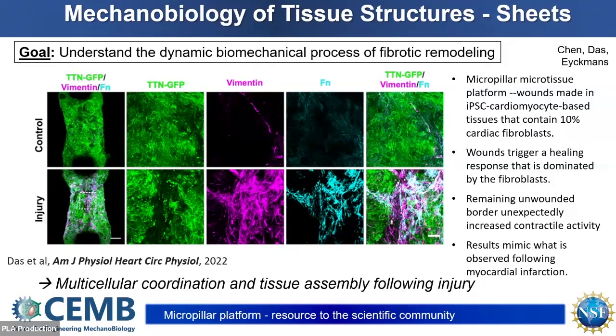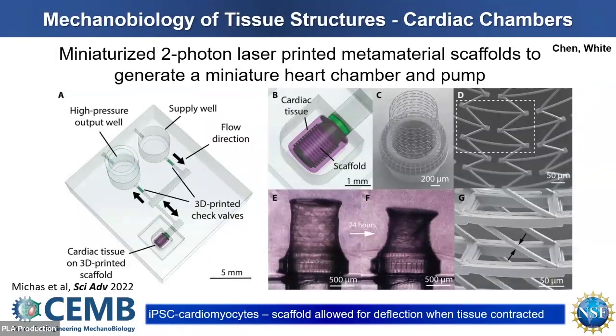And the cardiomyocytes that remained unexpectedly increased contractility in this case to compensate for that loss of tissue and overgrowth of fibrosis. So again, these are interesting models to be able to start to get closer to what you see in these cardiac infarctions.